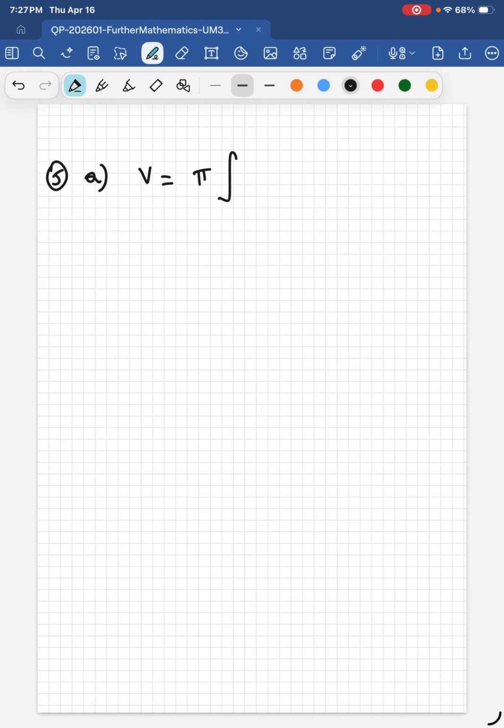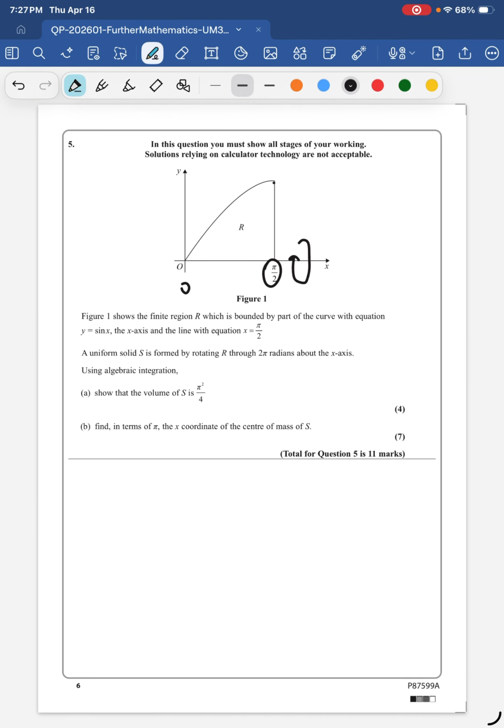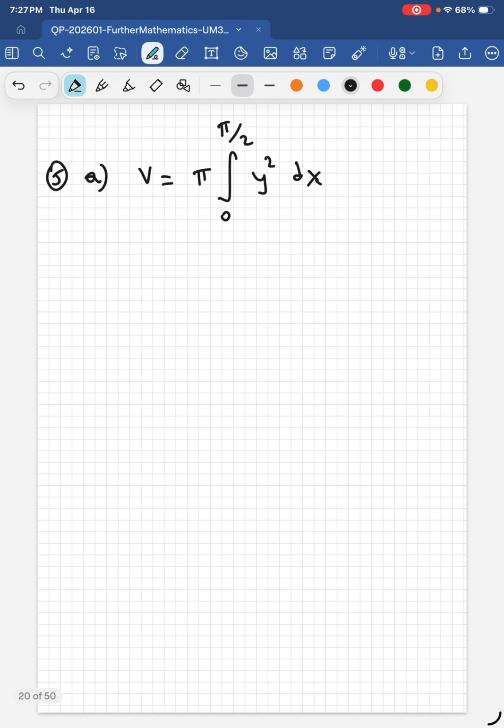So the volume is pi times the curve squared dx integrated, and we are integrating x from the bounds, right? 0 to pi over 2. Okay, I mean, this is 0, this is pi over 2, so we are integrating this region. Okay, so we basically have to evaluate the integral pi, and then integral from 0 to pi over 2 of sine squared x dx.